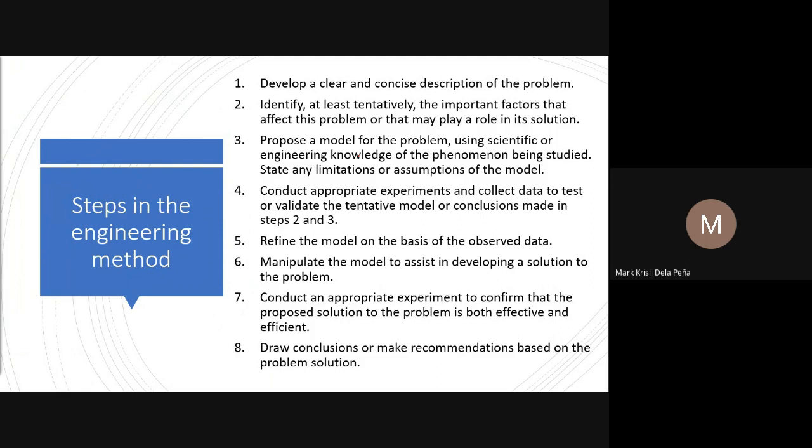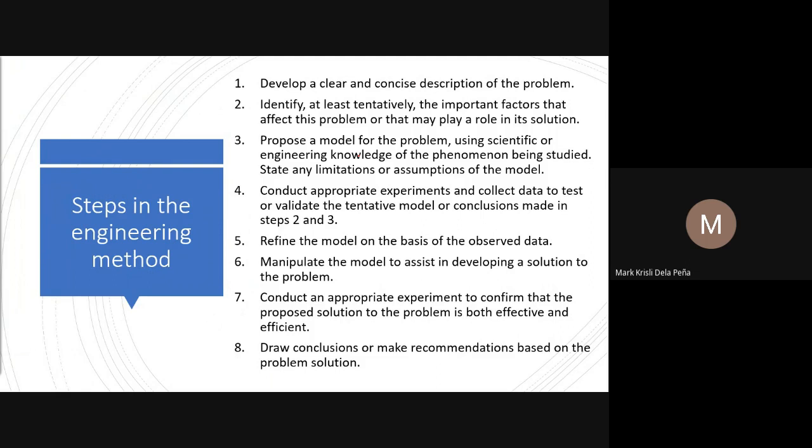Then after, we manipulate it so that it can assist us in developing the solution to the problem. Now, we refine or manipulate it further to help us develop the correct solution. Then after creating a solution, we have to validate it through conducting an appropriate experiment. So, number seven is about validation of our solution to the problem.